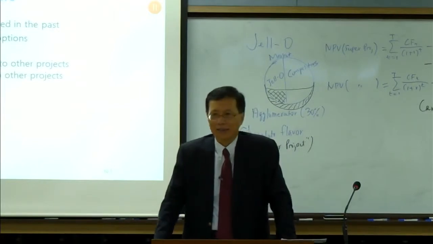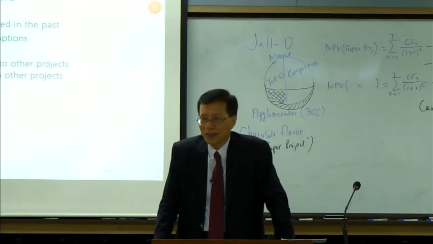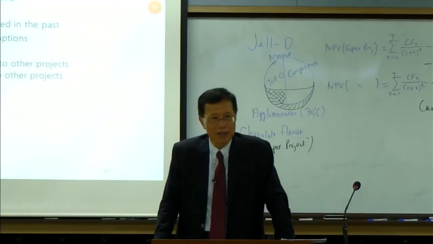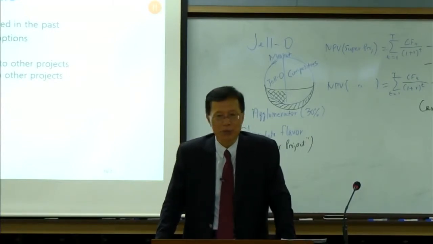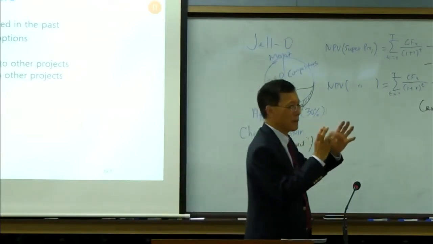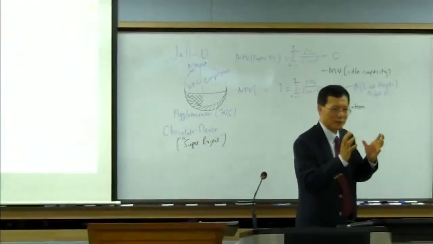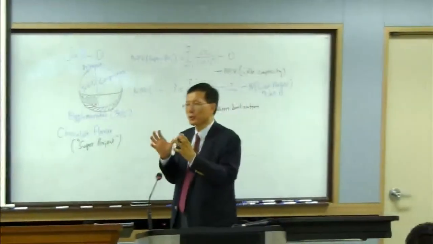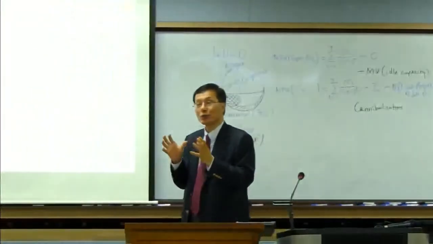And later, in the late 80s and early 90s, a man by the name of Lou Gerstner became CEO of IBM, and he finally changed the whole IBM business model from computer maker to solution provider.